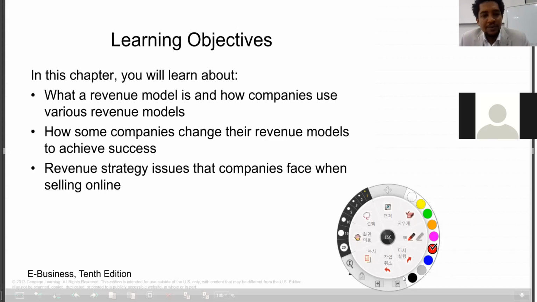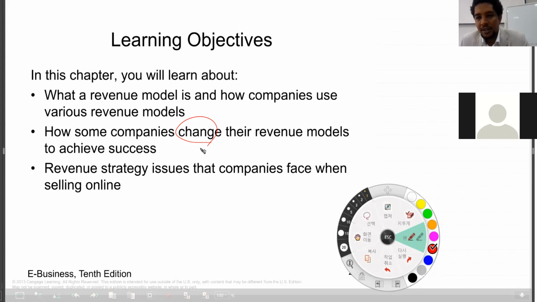And the other objective is how some companies change their revenue models to achieve success. It doesn't mean that you have to stick with one revenue model. If needed, you can change it. For example, let's say you're running an internet business and your revenue model was fee for content, or subscription.